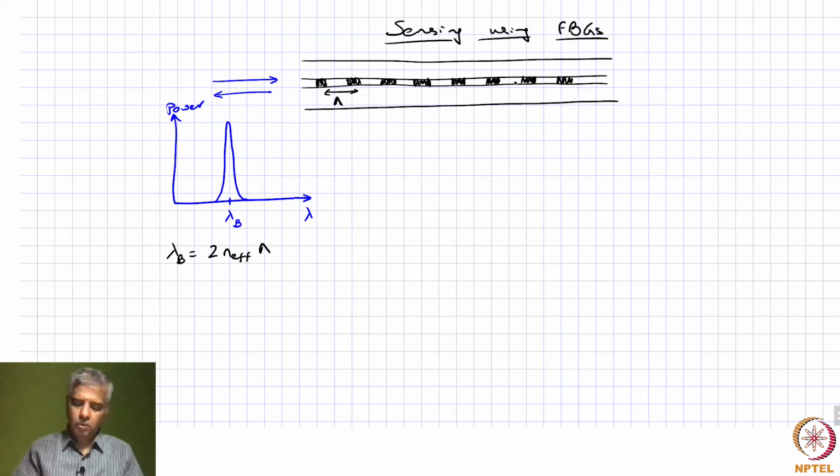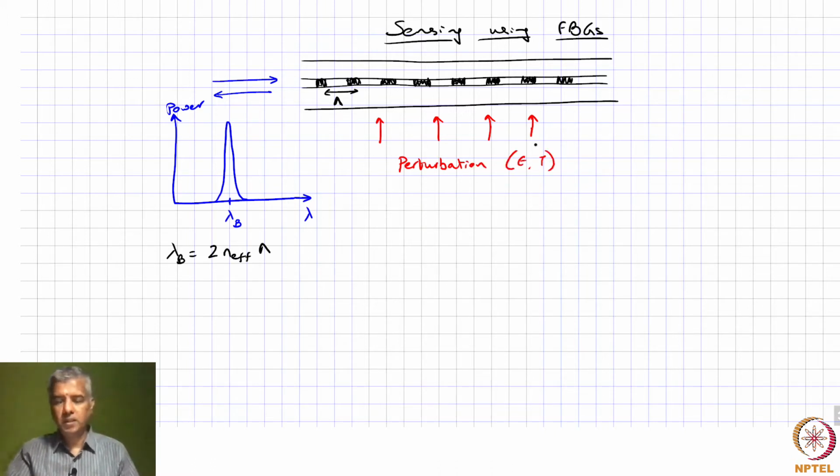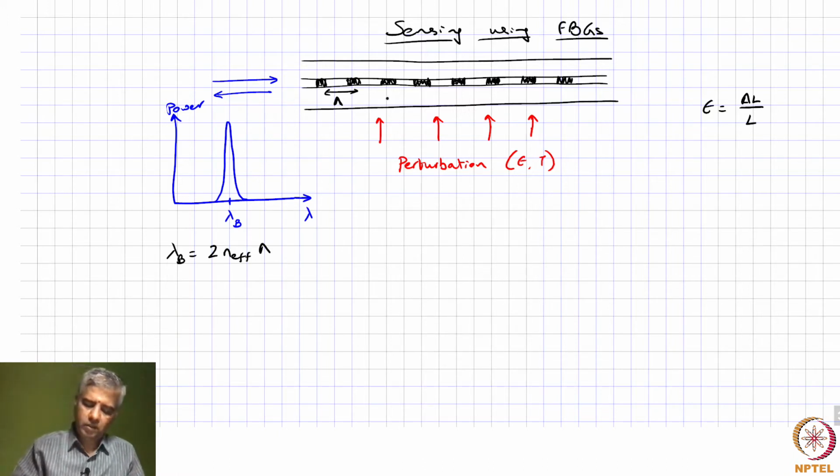Whenever we apply an external perturbation to this grating, the perturbation may be strain or temperature, where strain is basically defined as delta L over L, the incremental change in the length of the grating over the length of the grating itself.